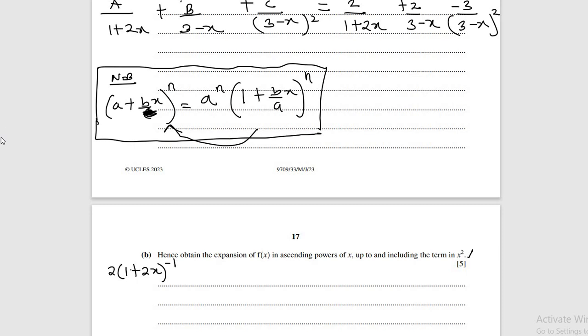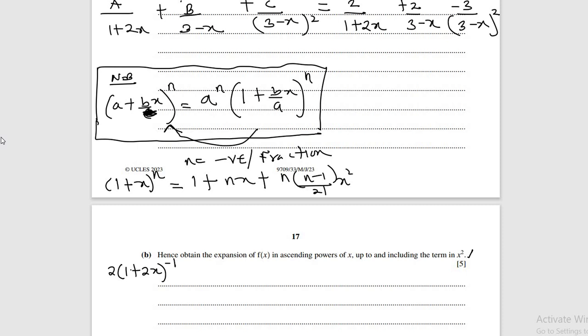Because doing binomial, the general formula for binomial, 1 plus x raised to power n, where n, which is the power, is negative or a fraction, will be 1 plus nx plus n into (n minus 1) over 2 factorial x squared plus n(n minus 1)(n minus 2) over 3 factorial x cubed.